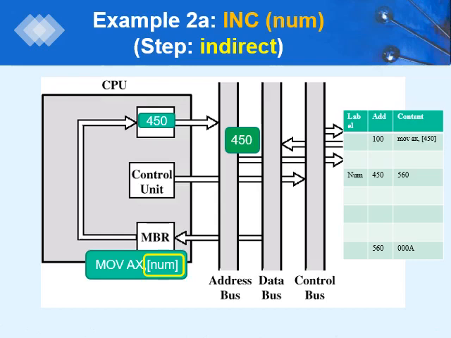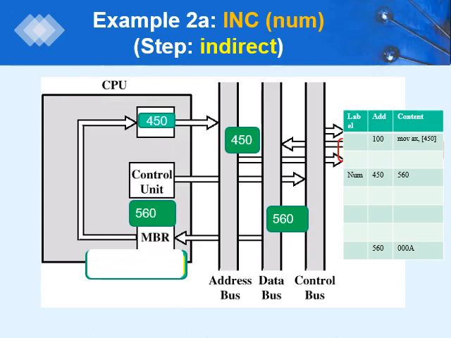So 450 goes into the address bus, and then we look in the memory, and we see that 450 is not the actual operand, but it points to another address, 560. And that address 560 will be put on the data bus and sent into MBR, which will replace the old one.